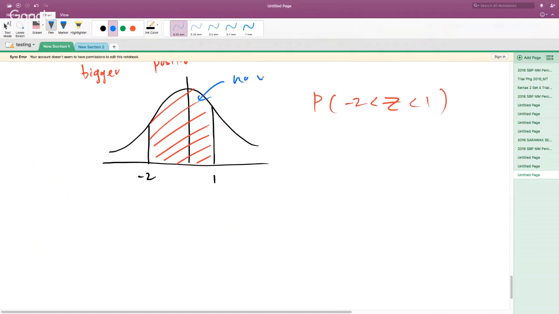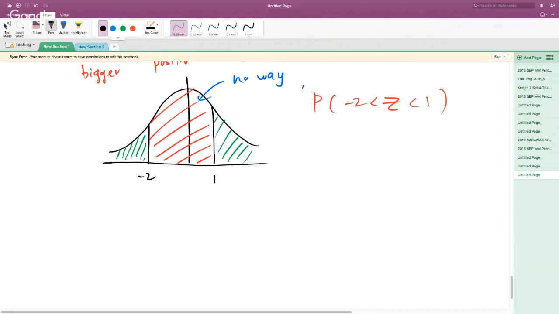What you can do is, you know the total area under the curve is 1, meaning the total probability is 1. You minus the part A and the part B over here.